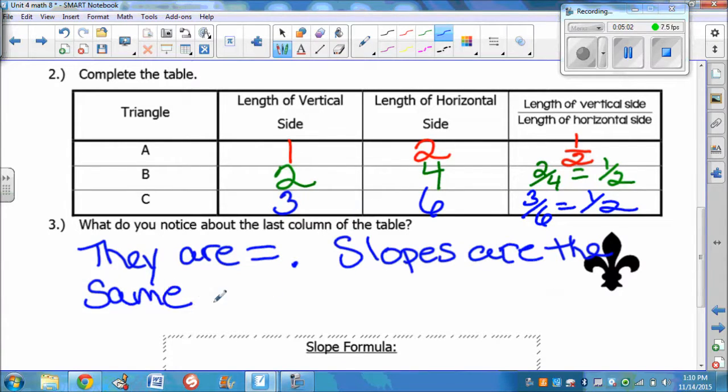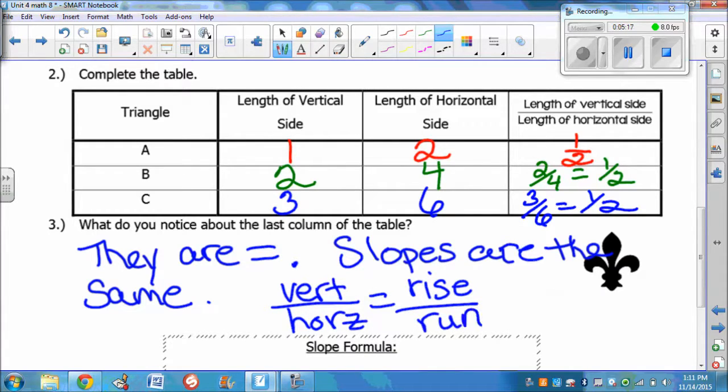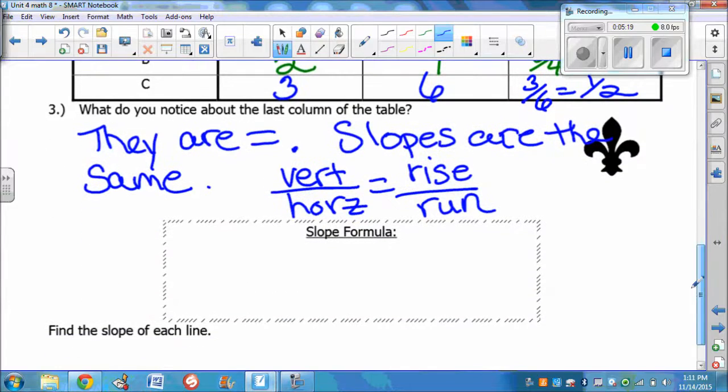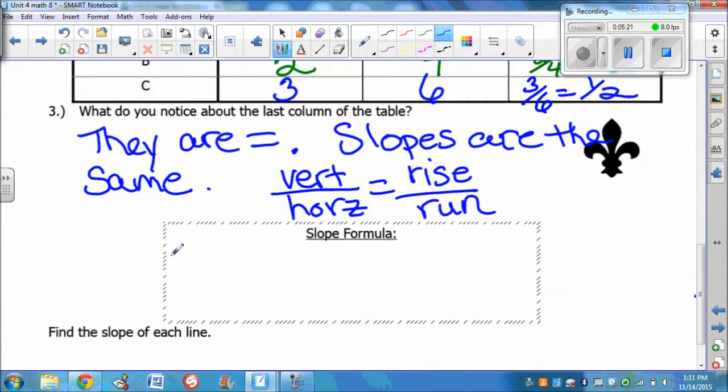Slope is our vertical divided by our horizontal. In other words, that's our rise over our run. That's where rise over run comes from. That's just a nice little way of remembering it. So the slope formula is our rise over our run.